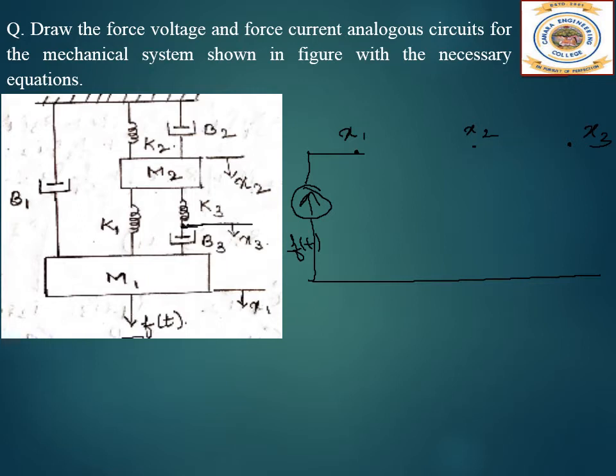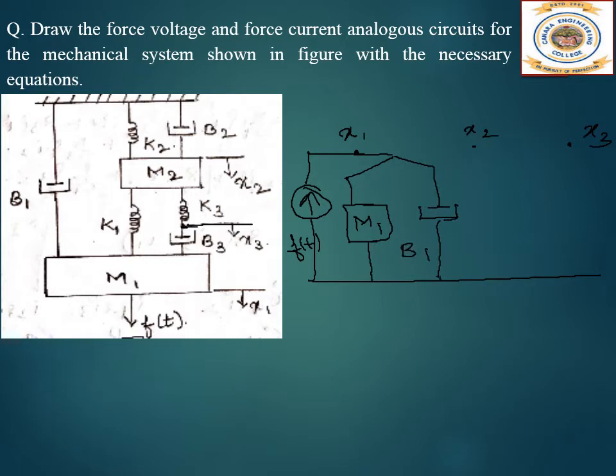Next we will write the mass. So here, let me write the mass over here. So I'll write it like this. Okay. So mass, I have told you already that it should always be connected between the node and the reference. Then see B1, you can observe B1 here, it is connected to this mass and this reference point. So that also will come over here. Okay, so this is B1.